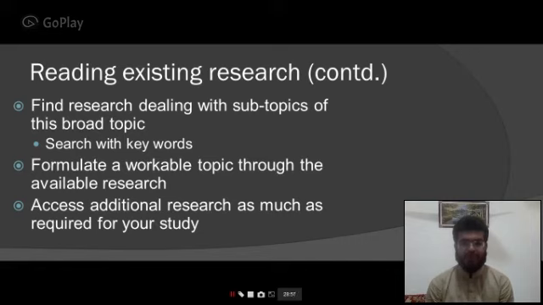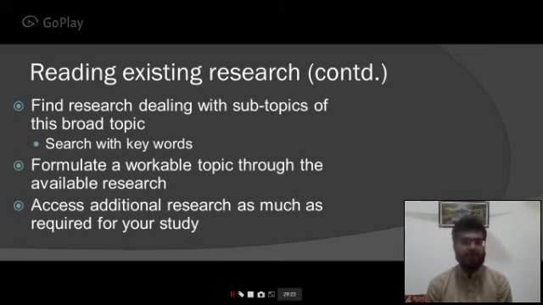They represent the main ideas, the major aspects of your topic. So search with those words and you will be reaching and accessing more and more articles and research papers and research works. So this is how you can access a lot of data.